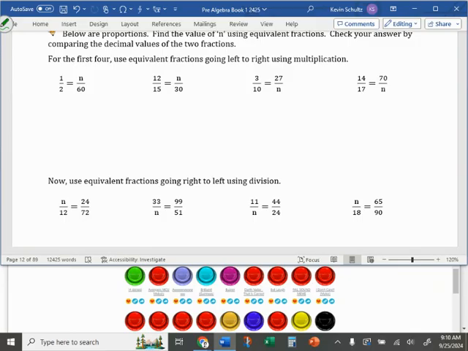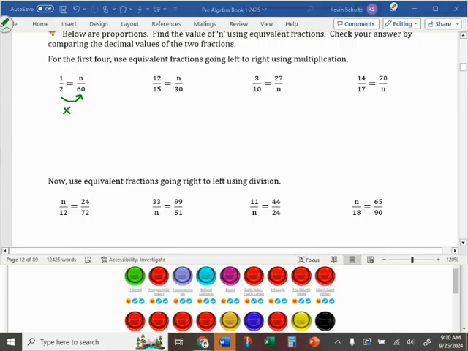So now going to what Connor said, the fact that 2 does go into 60 can help us solve for n. Because, Connor, how many times does 2 go into 60? 30? 30, right? So if we multiply 2 by 30 to get 60, what are we going to multiply the 1 by to solve for n? 30, right? Just like we did kind of in the top part there.